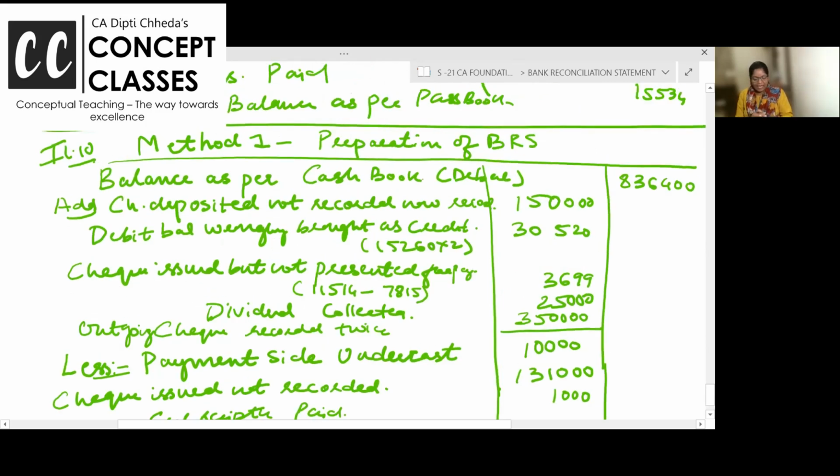Chalo, do all the add. Ma'am, this is exactly same problem what you have done. Yes. Good. Add total is 559,219.